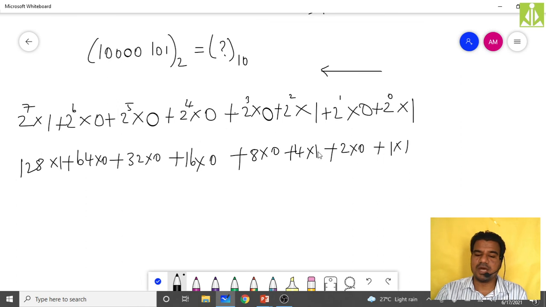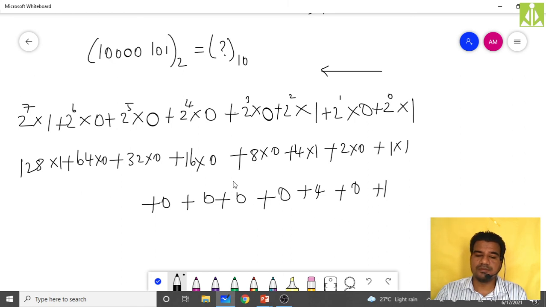Now perform this multiplication. 64 multiplied with 0 is 0. Then we got 128.